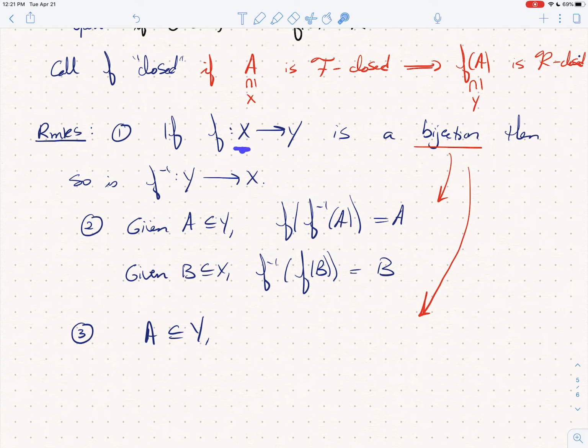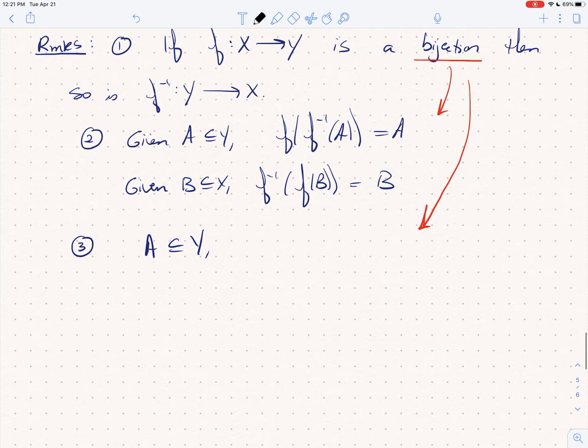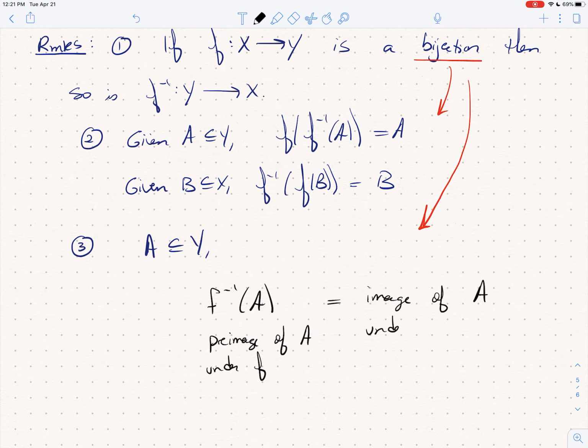In particular, if f goes from X to Y, and you have a subset A of Y, what I want you to realize is that the preimage of A under f is actually equal to the image of A under f inverse.